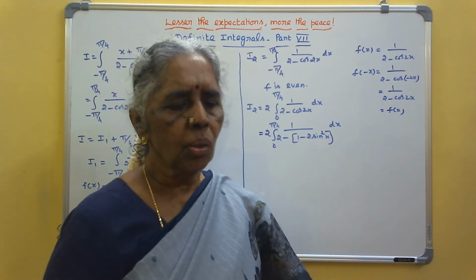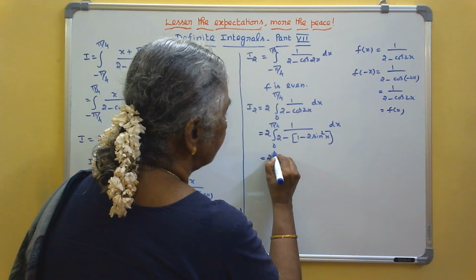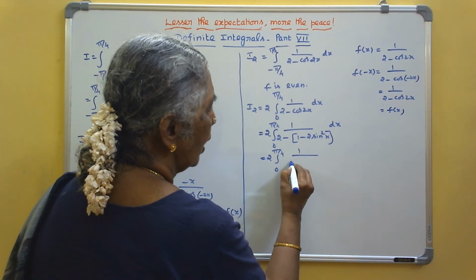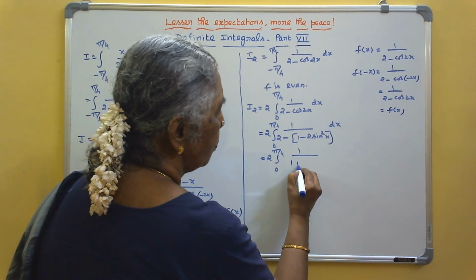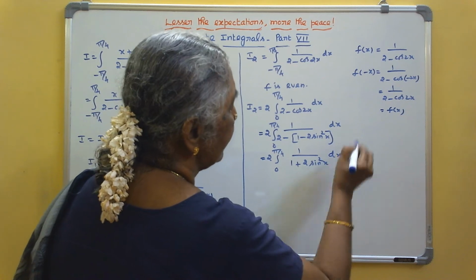Okay. So now I will be getting here twice integral 0 to pi by 4 1 by 2 minus 1 will be 1, minus into minus plus 2 sine squared x dx.